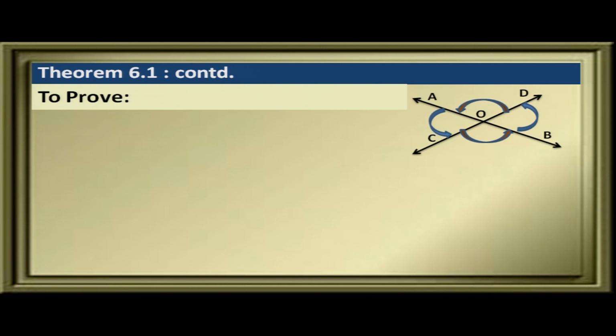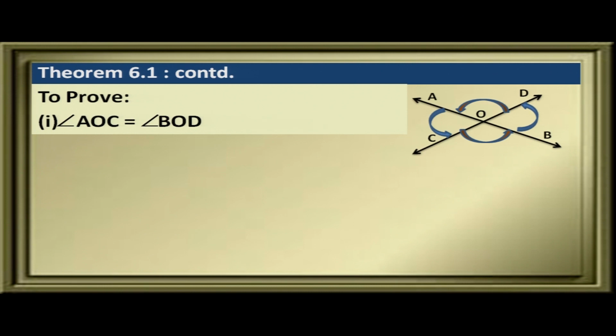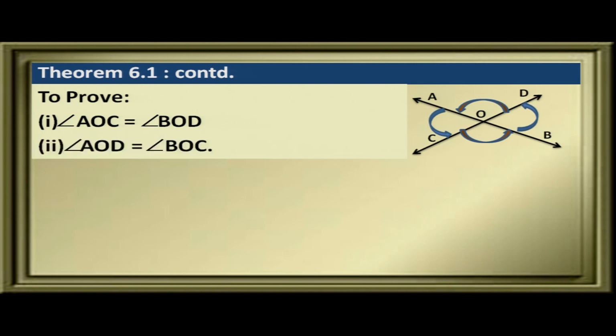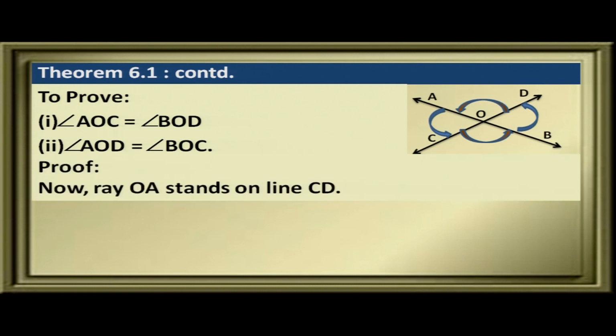To prove this, what do we have to prove here? We have to prove that vertically opposite angles are equal. That means angle AOC is equal to angle BOD and angle AOD is equal to angle BOC. For this, let's start the proof. Now, you see the ray OA stands on the line CD.